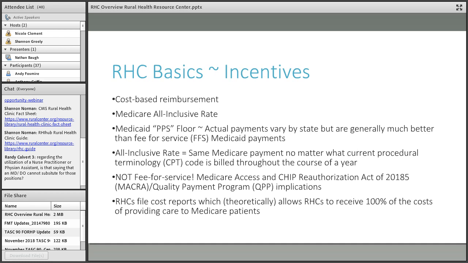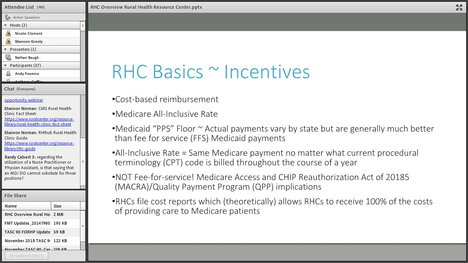On the Medicaid side, it obviously varies state by state, but there's a federal floor. This was established in 1999/2000, basically saying that the states can pay rural health clinics and FQHCs, we're in the same boat on this particular issue, however they want.